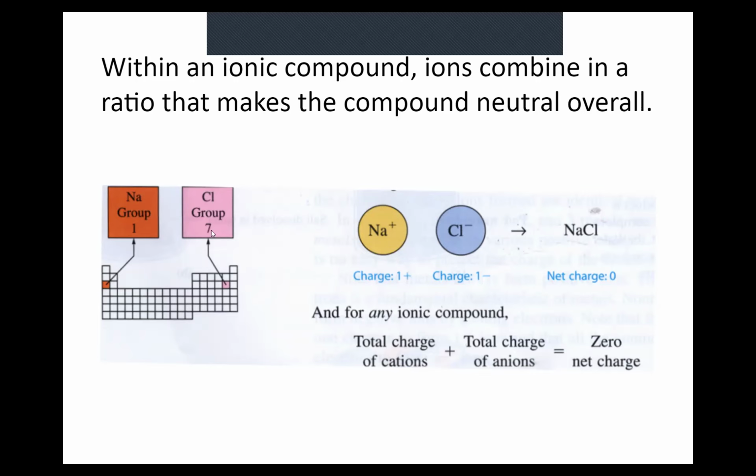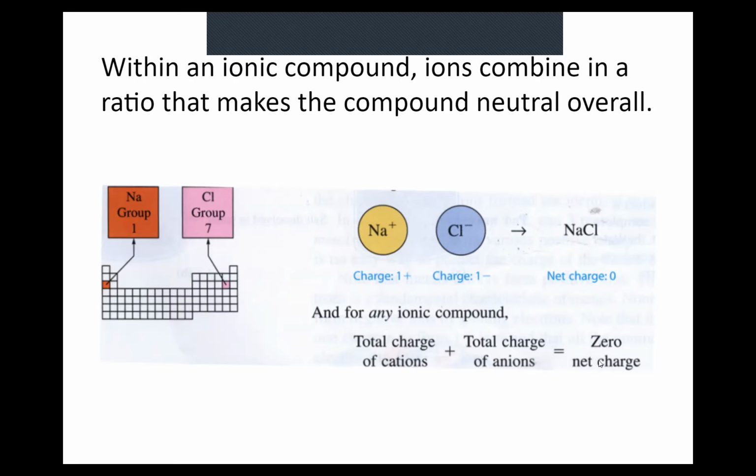Chlorine, group 17, the halogen column, forms a -1 charge. Well, one atom of each just cancels out each other's charge to make a neutral compound, NaCl. So one atom of Na and one atom of Cl cancel out and make a net charge or overall charge of 0.